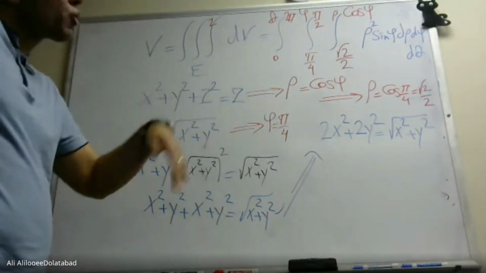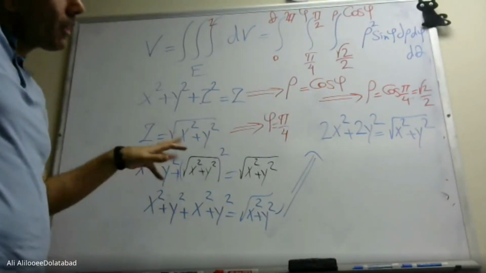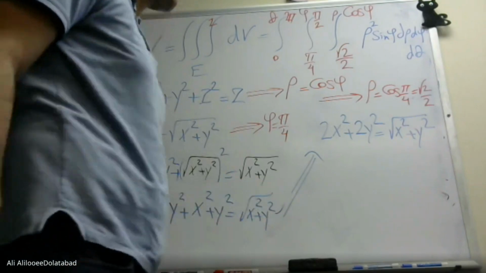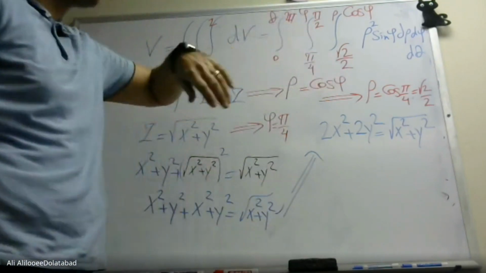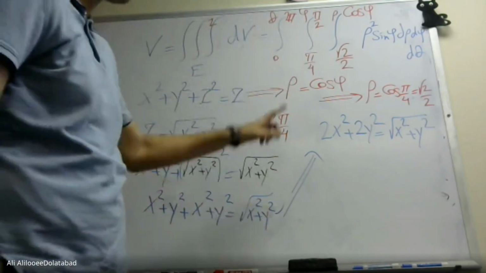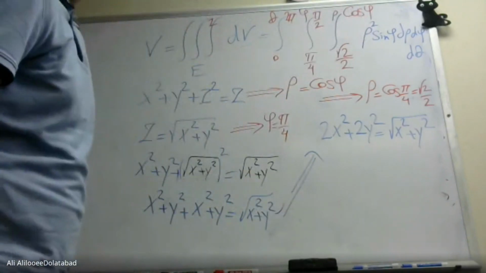Finding this integral is easy, all of you can do it, but the only thing that was important here is finding the bounds. As you can see, for phi we have pi over 4 to pi over 2, because the cone is at pi over 4, and then we can plug in there.